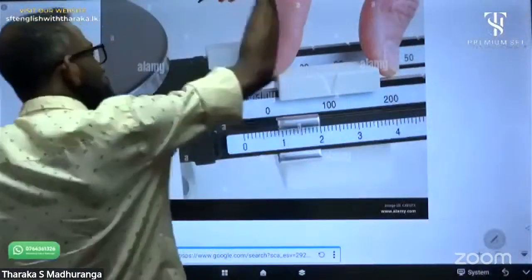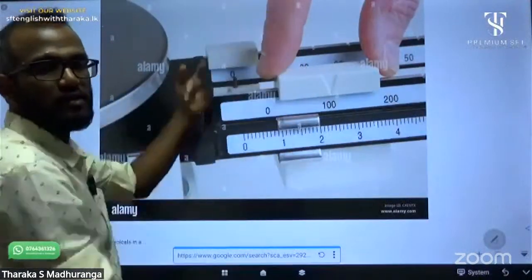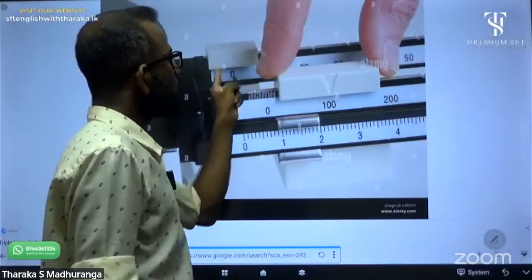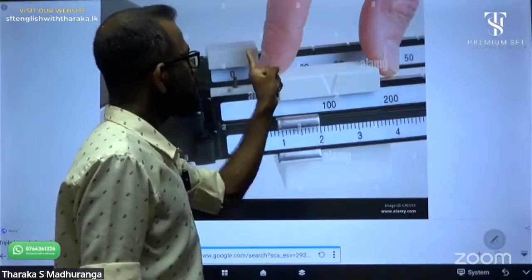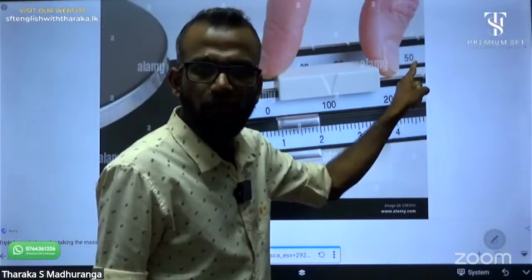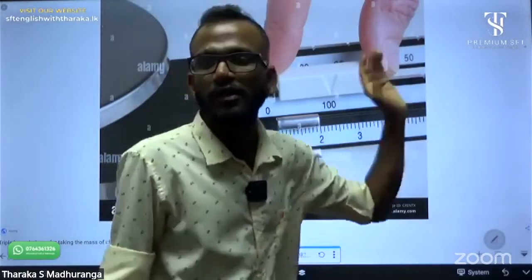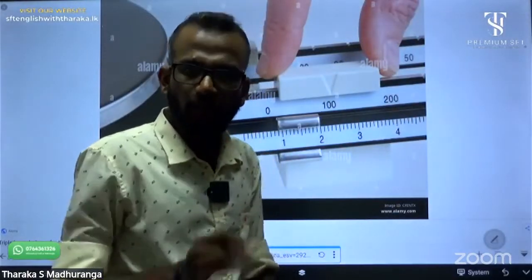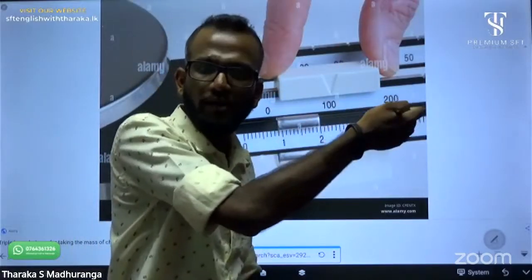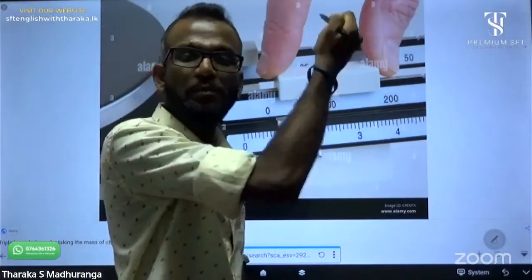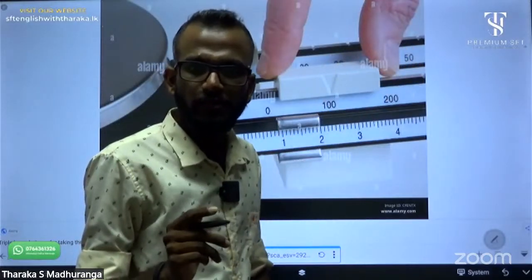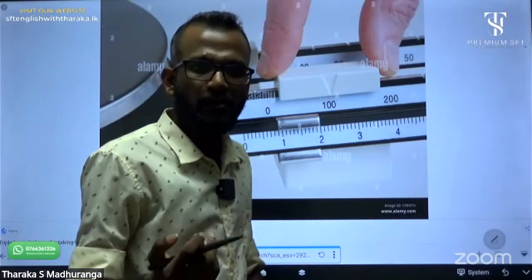The final, third beam is calibrated 10 by 10: 0, 10, 20, 30, 40, 50, and it continues up to 100. Understood? The middle beam is 100 by 100, the third beam is 10 by 10. Yes or no?